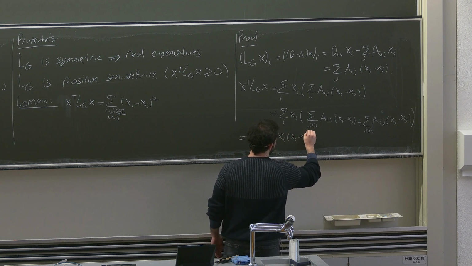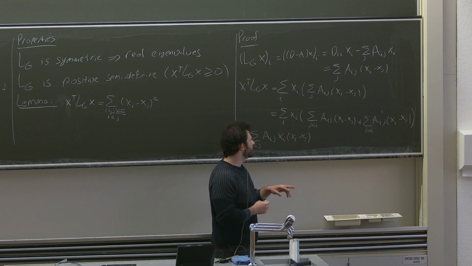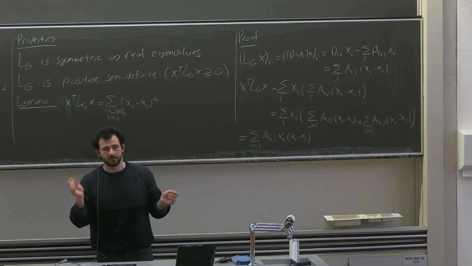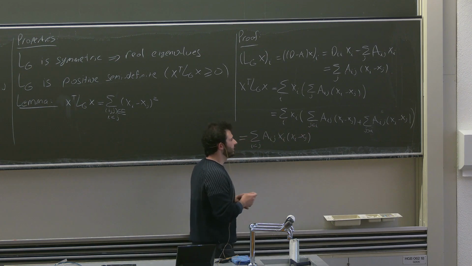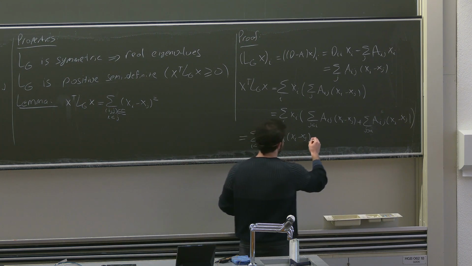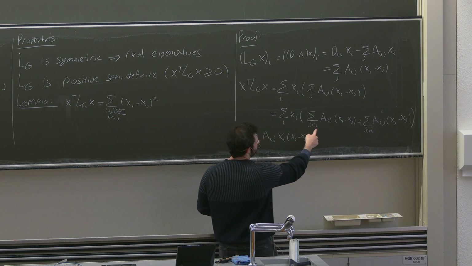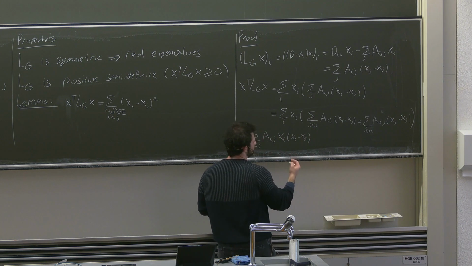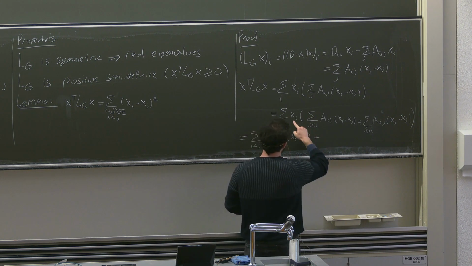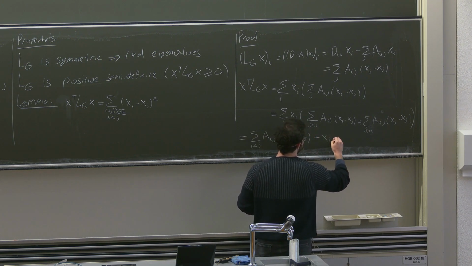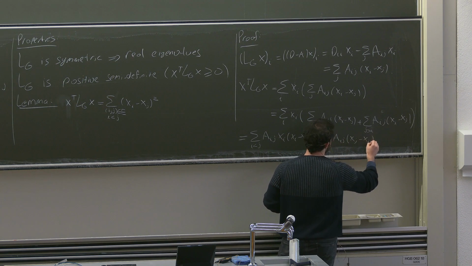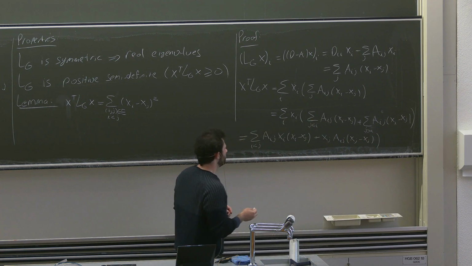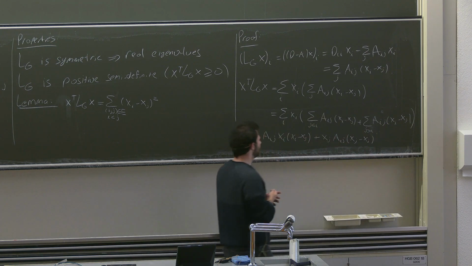And then for the other sum, what we would like to do is this: i and j are arbitrary indices that both go from 1 to n, so we can just swap them. Wherever we see i, we write j, and wherever we see j, we write i. Then, if we swap those, it's again i less than j, and we get a_ji, which is just a_ij since A is symmetric, times x_j (x_j minus x_i).